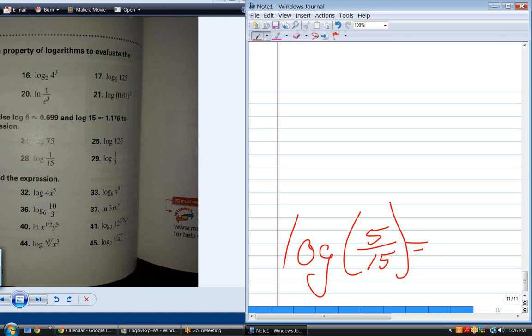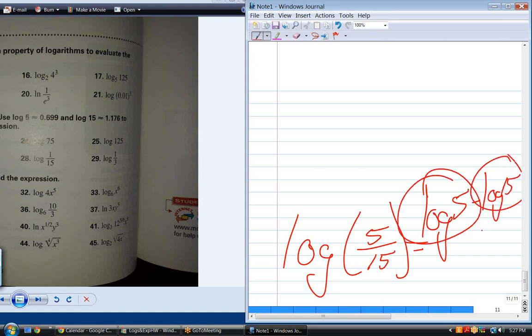Right, but if we're trying to put a number on it, we did it this way because we know what the log of 5 is and we know what the log of 15 is. So how do you separate these two? Log of 5, what's the rest of it? Minus log 15. Okay. And then we know what that number is and we know what that number is. Okay.